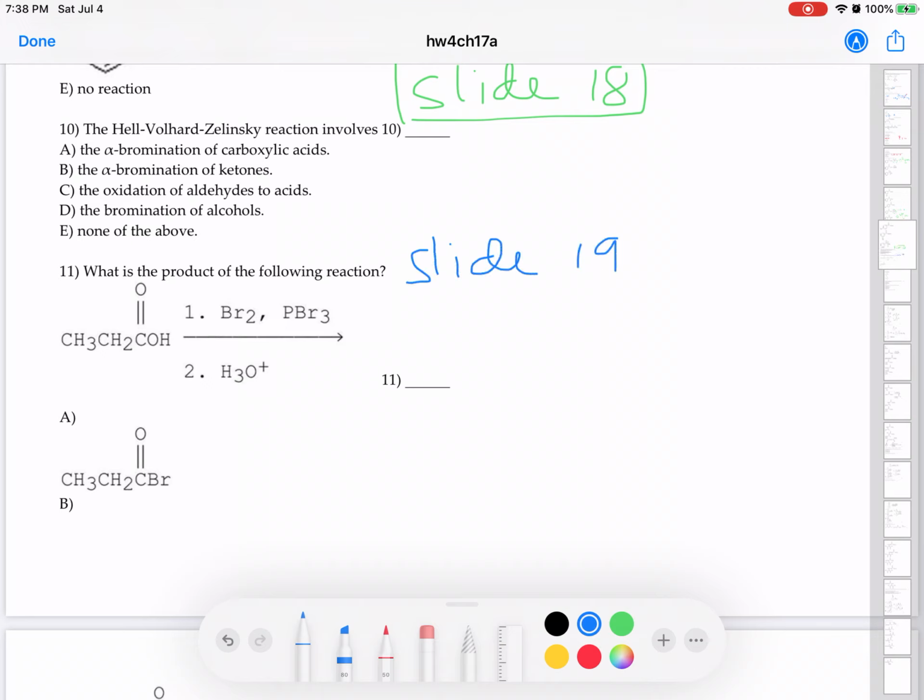Slide 19. So this will halogenate the alpha carbon of a carboxylic acid. Okay, that's going to be the product, and only one hydrogen will be replaced.